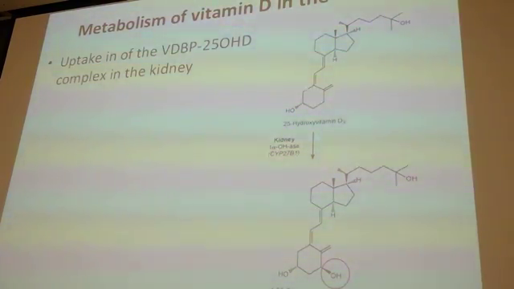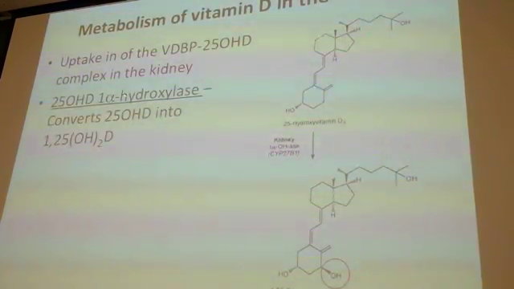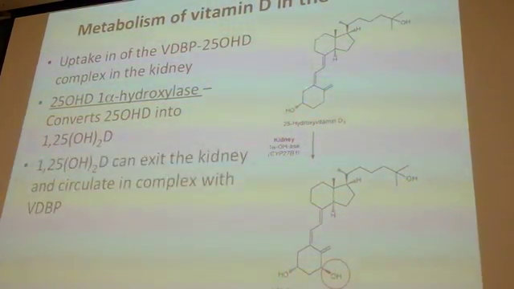There we have 25 hydroxy vitamin D 1 alpha hydroxylase, and this enzyme is what's going to convert vitamin D into that bioactive form. Just like its name sounds, it's a 1 alpha hydroxylase. It's going to hydroxylate the 1 carbon in this molecule. So we've gotten addition of 2 hydroxyl groups to vitamin D, 1 in the liver and 1 in the kidney.